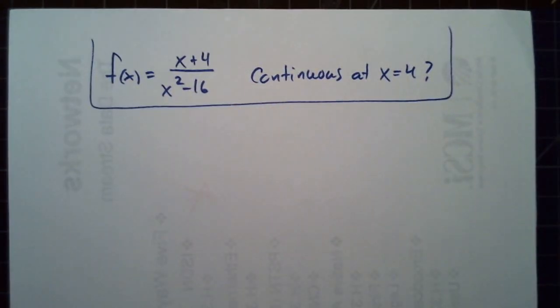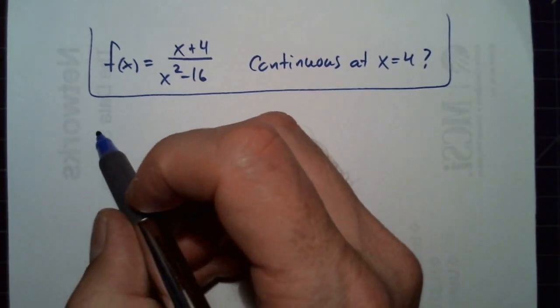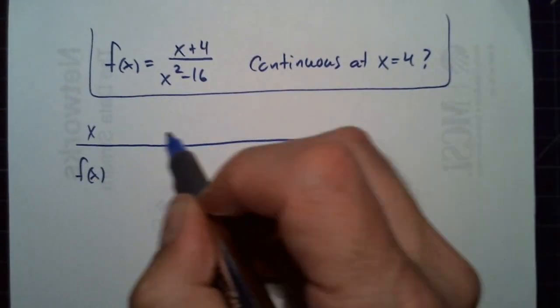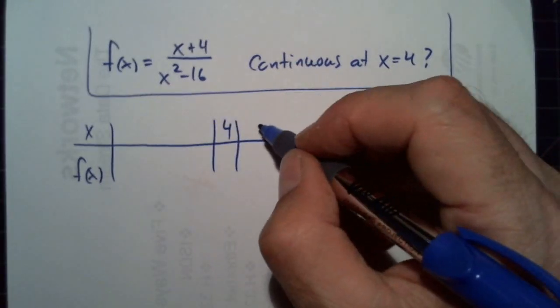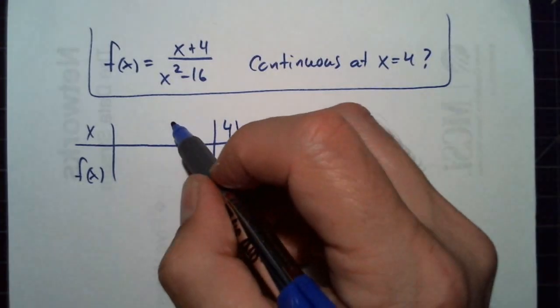All right, pause the video and see if this is continuous at 4. So we're getting close to 4, and these numbers are getting close to 4.